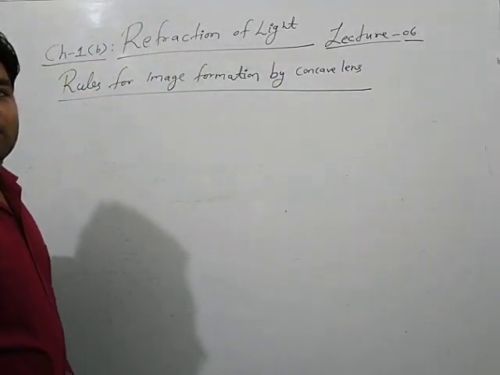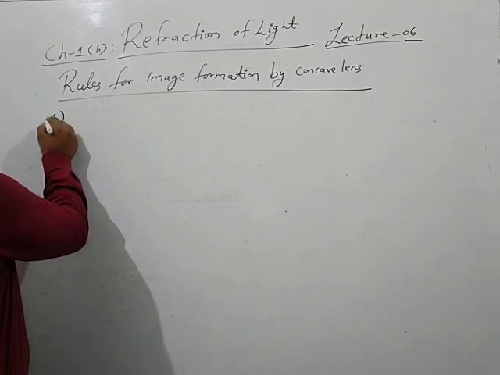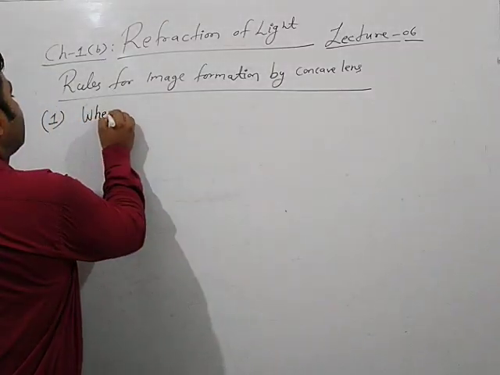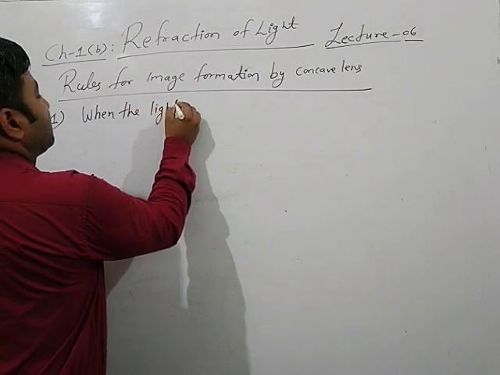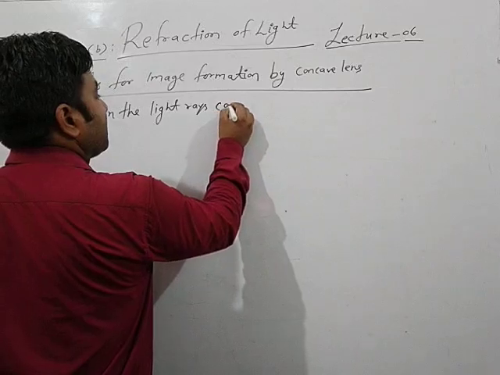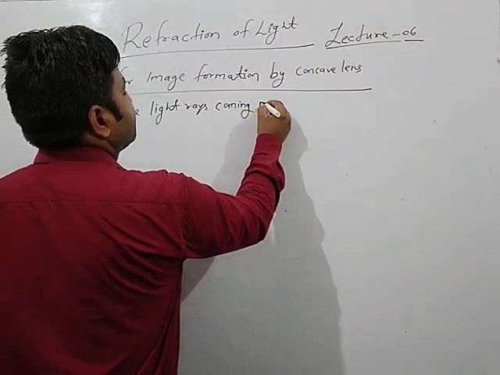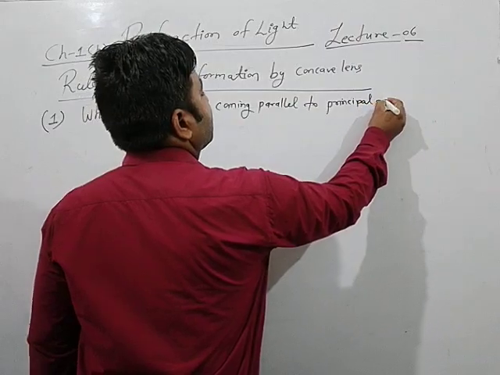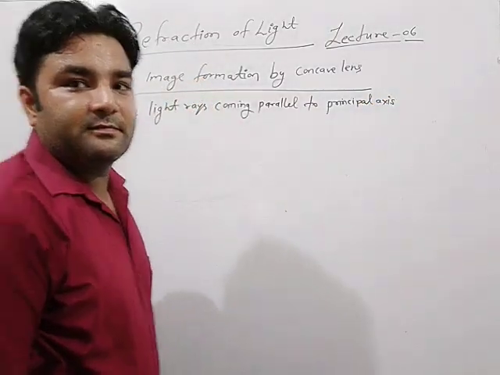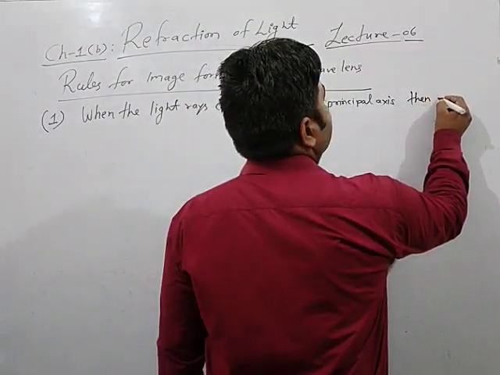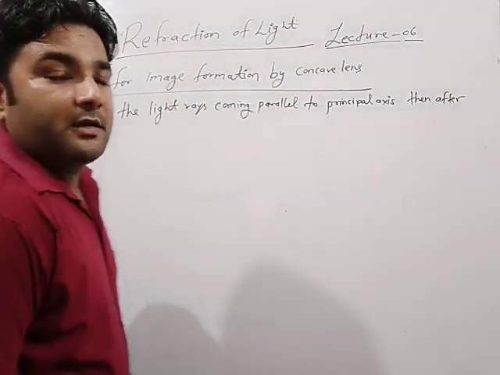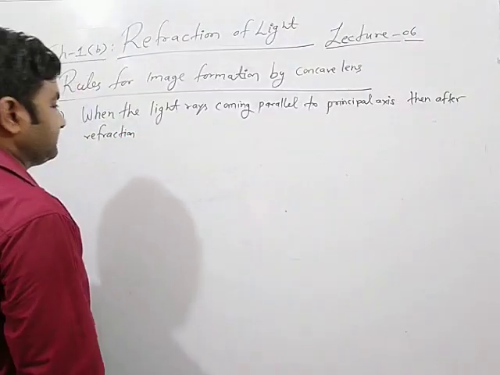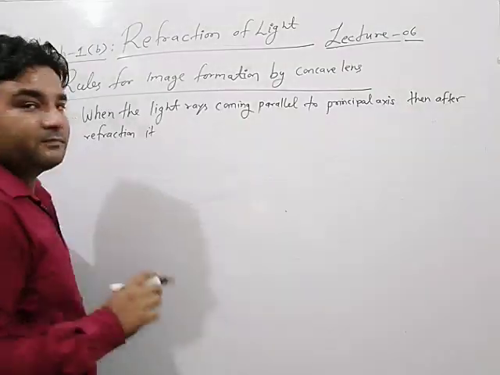And here in rules, number 1: when the light ray comes parallel to principal axis, then after refraction it goes away, and it appears to be coming from focus.